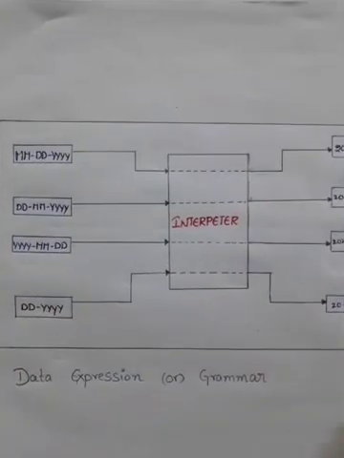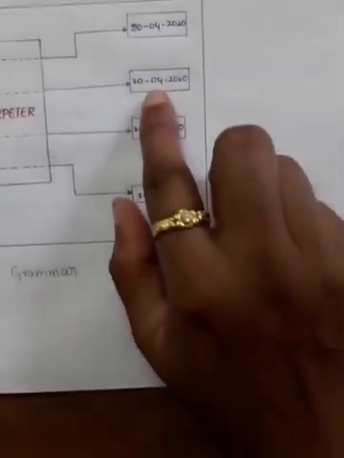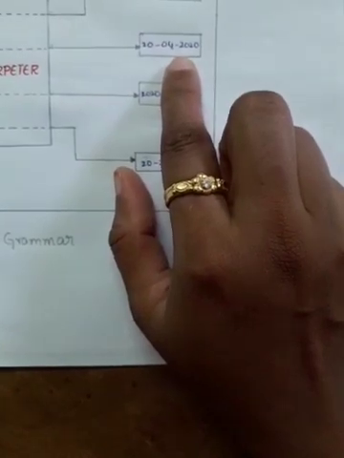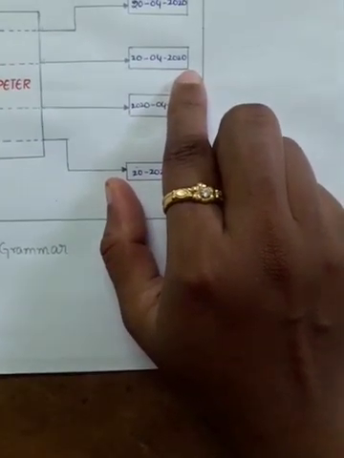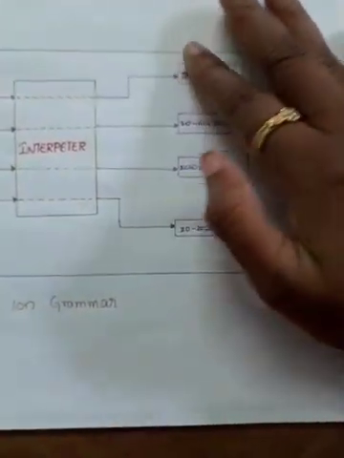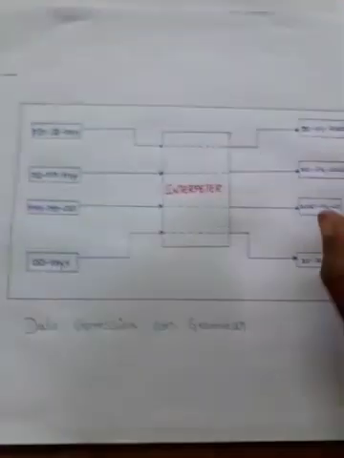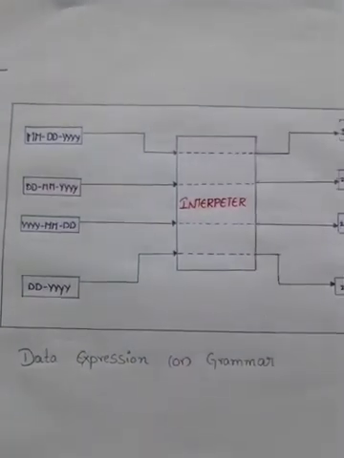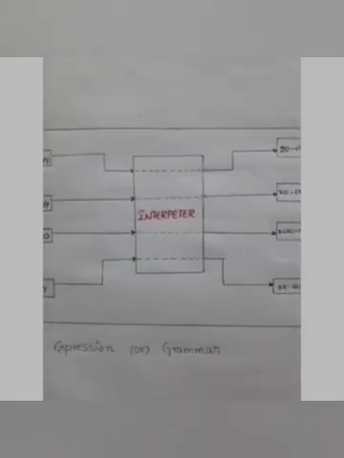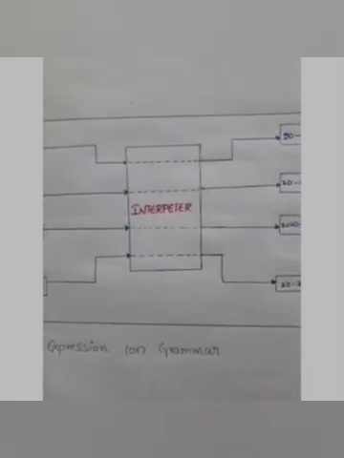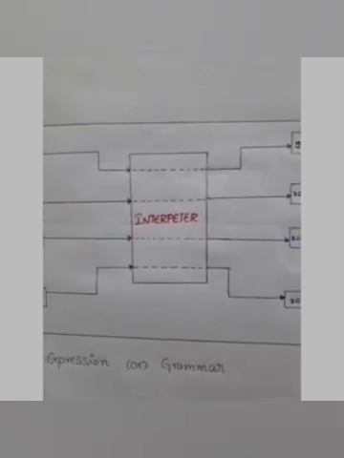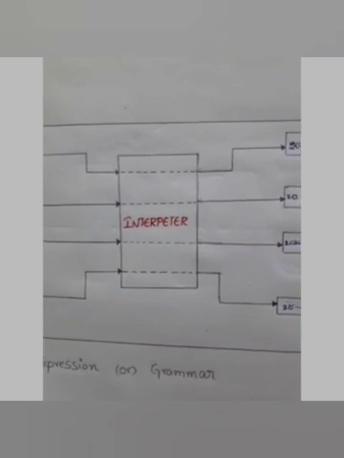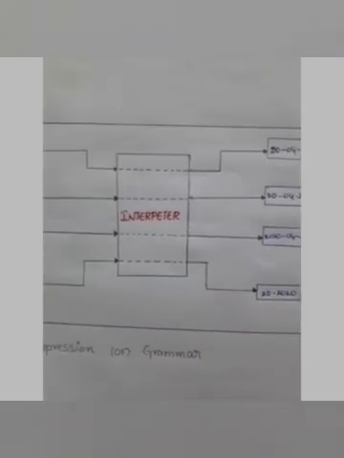We will get the date like this: date, month, year. See, here different types of dates are viewed based on these statements, based on this expression. Basically, the interpreter contains logic which will convert the context to a readable format.